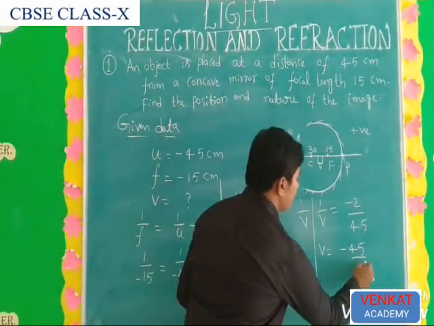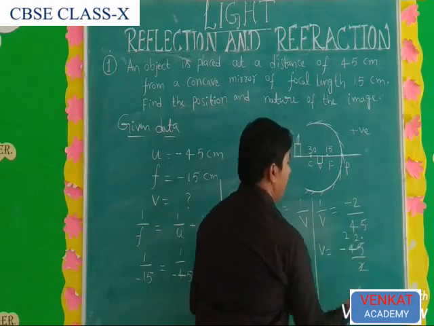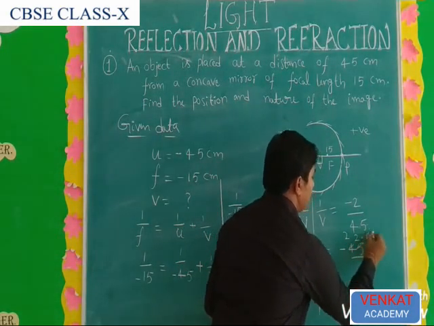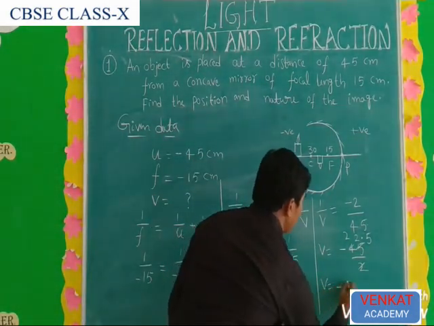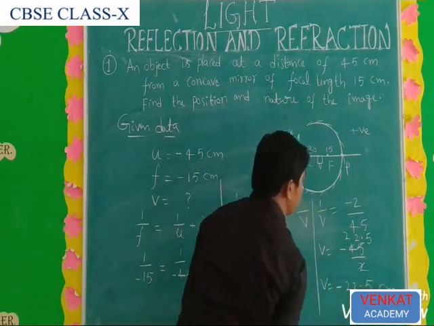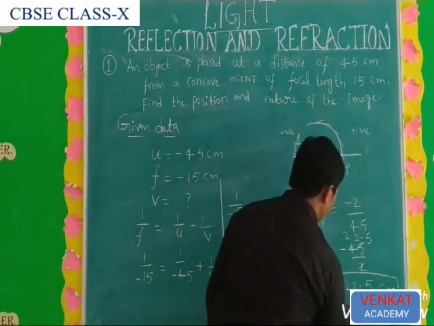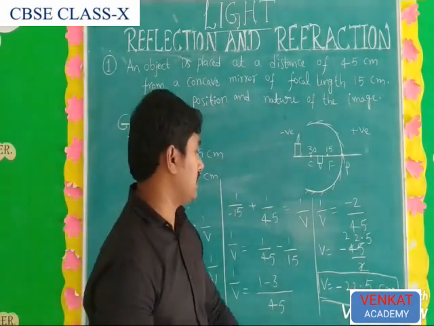So 2 2s are 4, and 2 2s are 4. So 1 is there. This 0 is 10. 2 5s are 10. So v is equal to how much you get? Minus 22.5 centimeters. Units are very important. So what you get as the answer? v is equal to minus 22.5 centimeters. That is the answer.